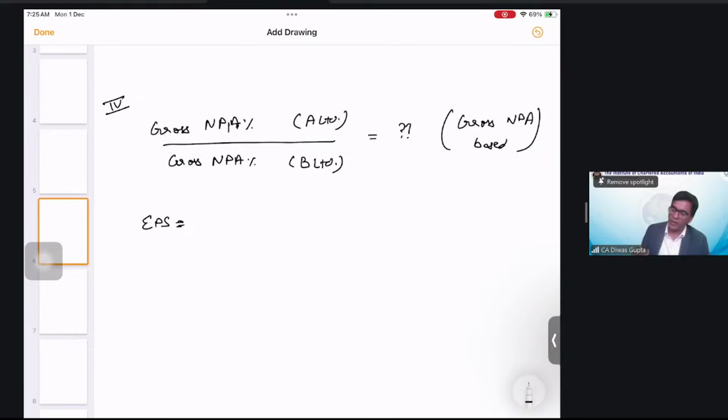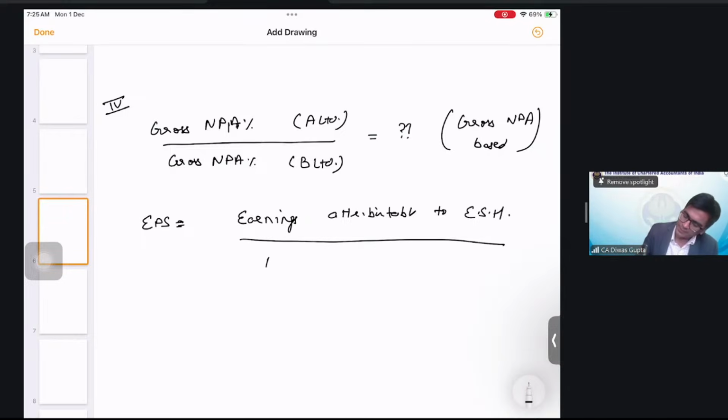Okay. Now EPS is equal to earnings attributable to equity shareholders divided by number of equity shares. So this is called as EPS, earnings per share.